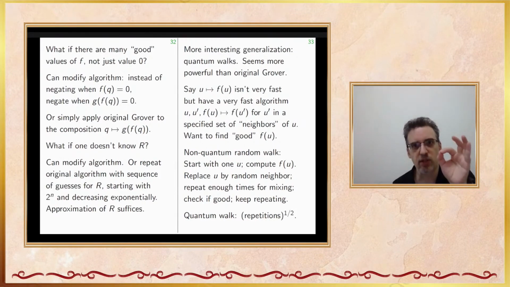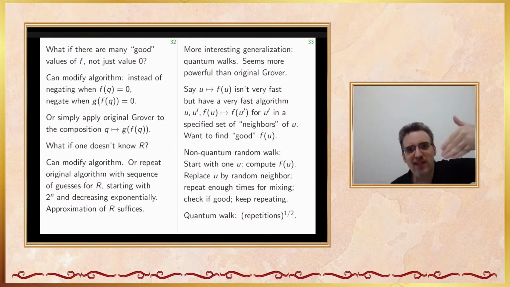I'll compute f of u one time. And then everything else, I'll just move from u to a neighbor and do the fast modification to f. Now, to get from the original u to any random u, and any random u prime, u double prime, etc., you might have to do many of these steps.